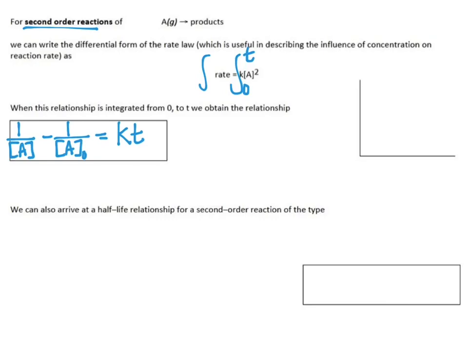This time it's positive kt. Clean it up, and this time we get 1 over the concentration of A is equal to kt plus 1 over the initial concentration of A.